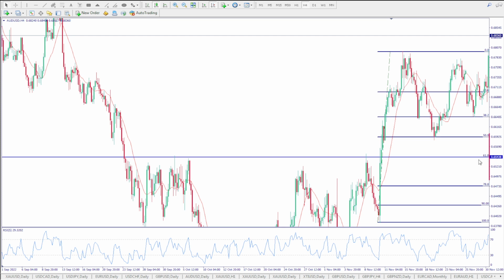It reversed from the 50 Fibonacci level because this ABCD pattern was going to complete right here. But let's get back to the main story.